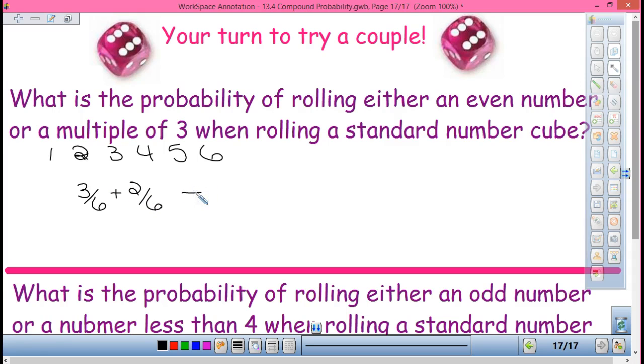How many are both? Even and a multiple of 3. 1 out of 6. So 3 plus 2, 5 minus 1, 4 out of 6 gives me 2/3.